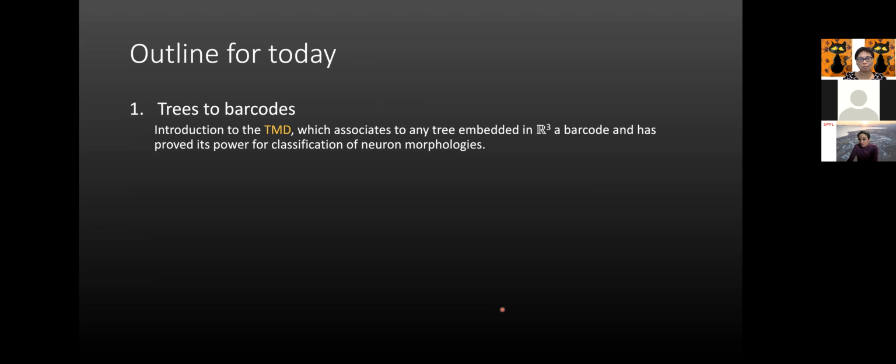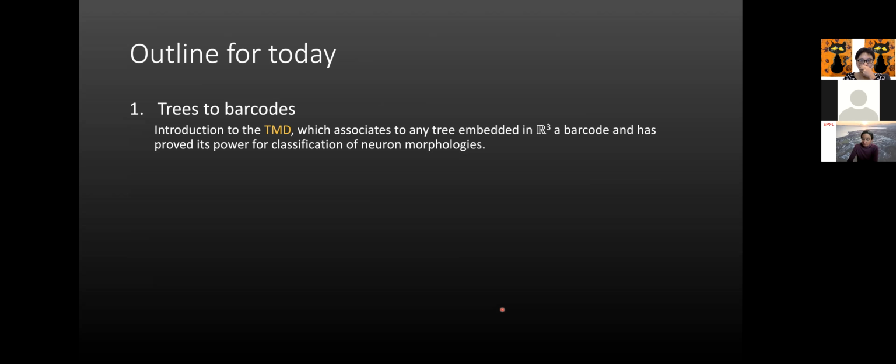We're going to see how we can use what we call the Topological Morphology Descriptor, TMD, which associates to a tree embedded in 3 space one of these barcodes. They're called barcodes because they really look like the barcodes you see on products that are scanned at the grocery store, for example. And we use these barcodes, which are quite simple, to classify these neuron morphologies in ways that are relevant for understanding their function.